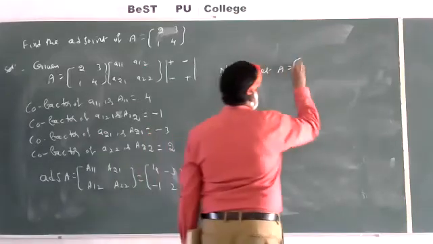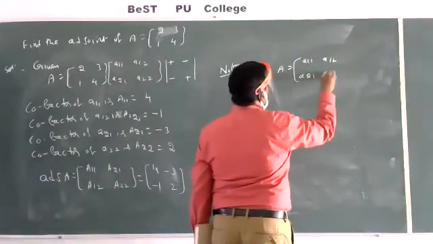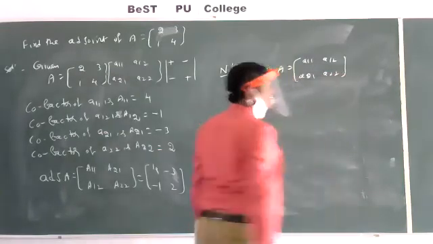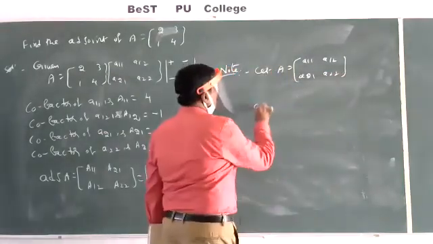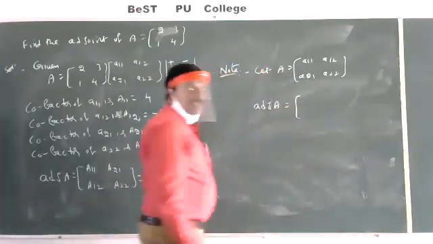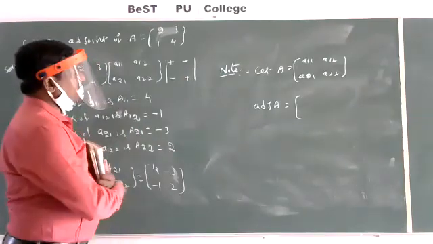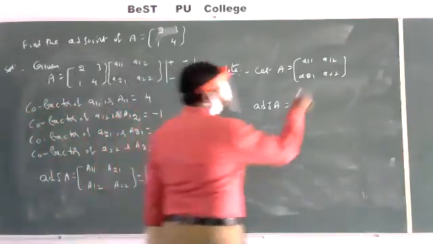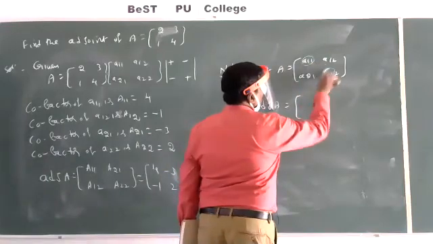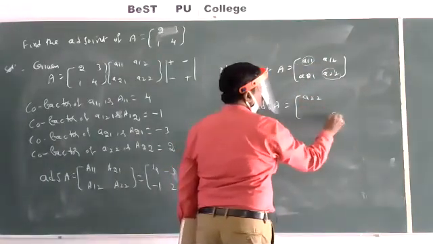Let A equal to a11, a12, a21, a22. Adjoint A equal to: interchange the principal diagonal elements, it is a11, a22, interchange these two elements, a22, a11.